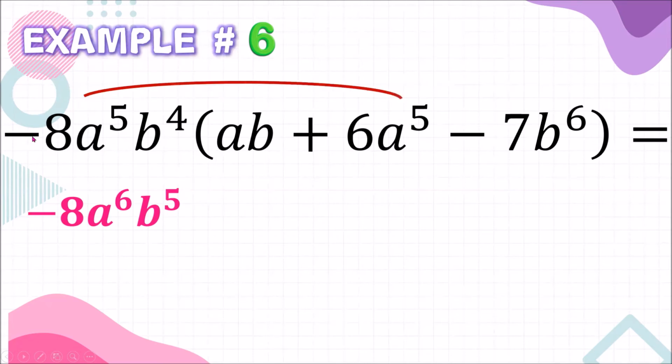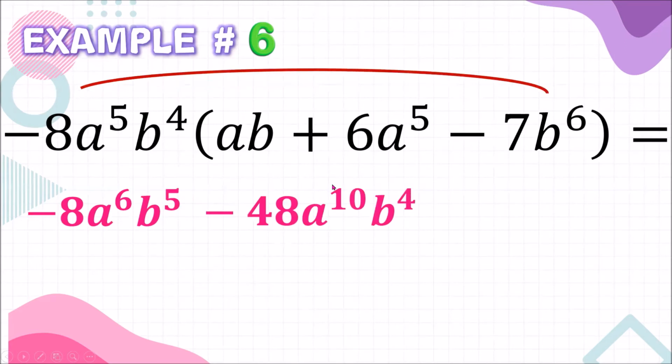Next, negative 8 times positive 6, so we have here negative 48, and then a to the fifth, a to the fifth, a to the 10th, and then just copy b to the fourth. And then the last one, we have negative 8 times negative 7, so we have here negative 56, and then a to the fifth, just copy, b to the fourth, b to the sixth, so we have here b to the 10th.